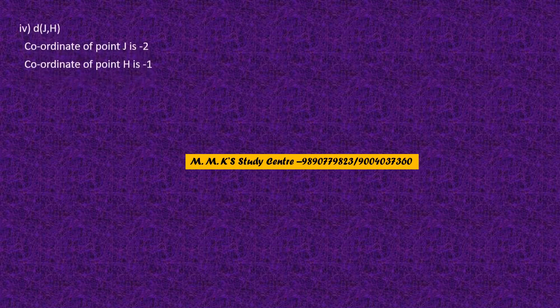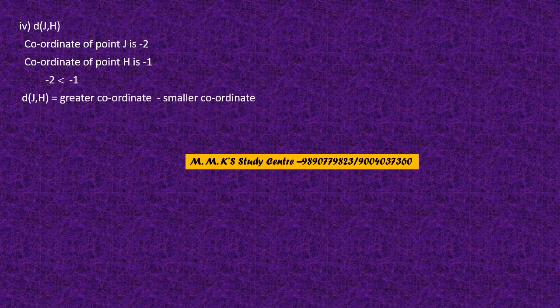Question number 2. We have to find out the distance between J and H. See your number line, children. Coordinate of point J is -2 and coordinate of point H is -1. So again here -2 is smaller than -1. Negative bigger number is smaller. So we'll use the same formula. Distance between J and H is nothing but greater coordinate minus smaller coordinate.